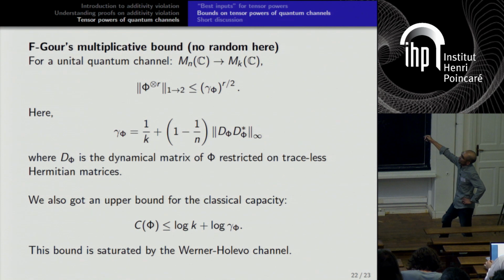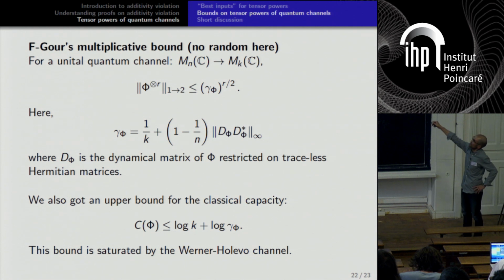Anyway, with Gilad Gour, we worked on this problem. So phi tensor to R, and we want to know the maximum output two norm of this quantum channel, and this is bounded by a quantity like this, and this gamma is written this way, and here D is a kind of dynamical matrix of phi restricted to traceless Hermitian matrices.